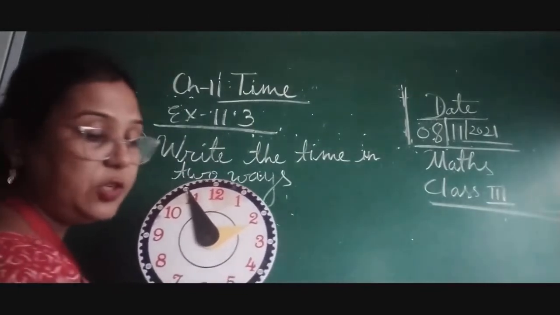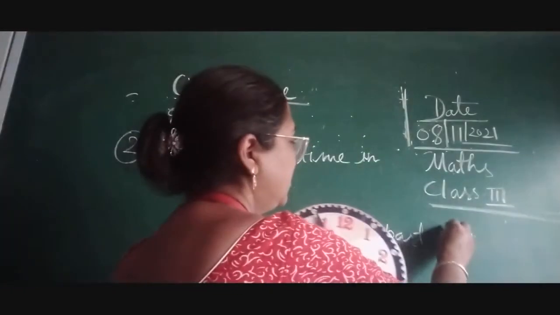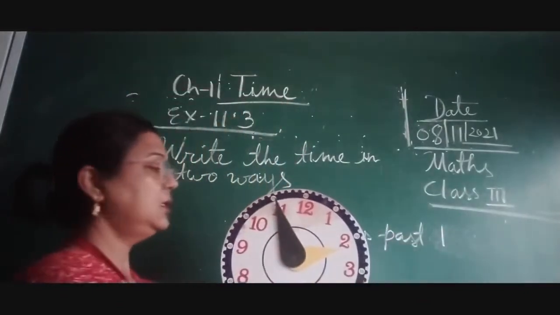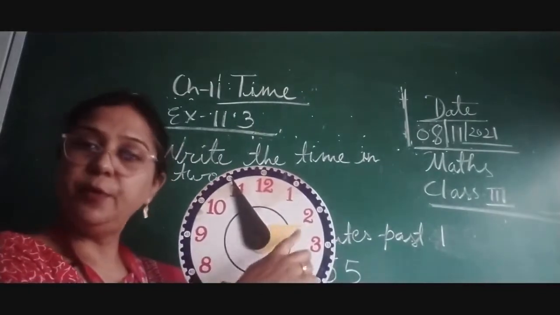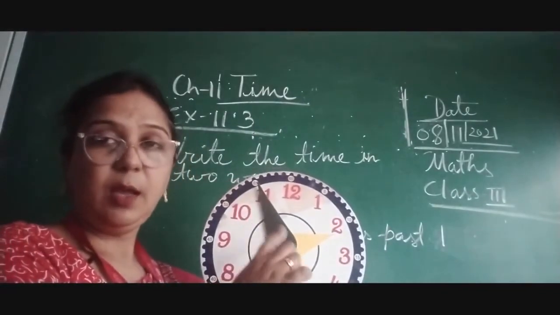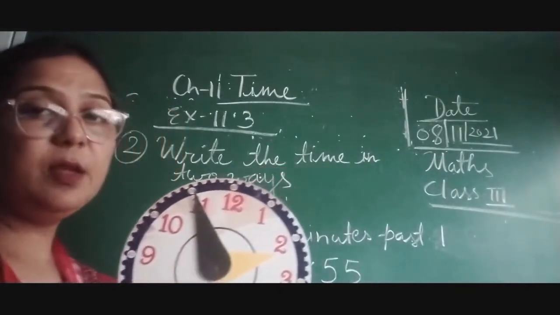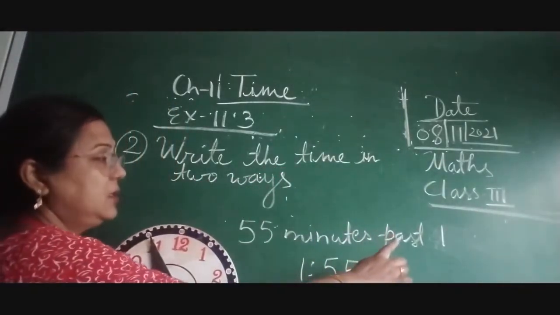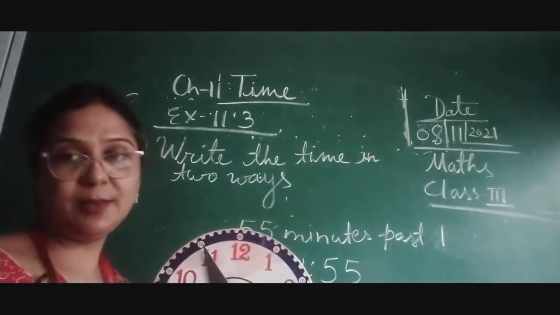So what we will write, children, this is 55 minutes past 1. It means this is 1:55. It means 55 minutes are past, okay, and 5 minutes are left to become 2. So this is 1:55.